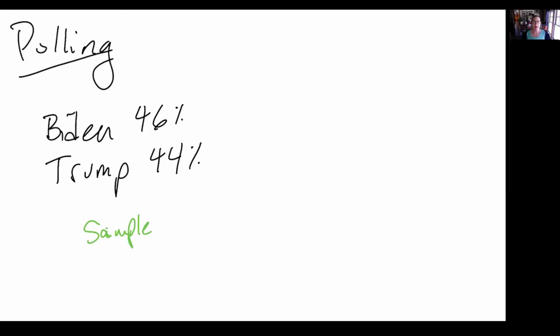Even though that sample might have had 30,000 people in it, we have about 150 million likely voters in our country. So even a sample as large as 30,000 people is still a small sample. Without knowing what's called the margin of error, this information is useless.